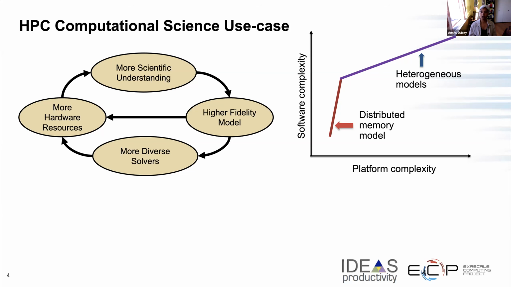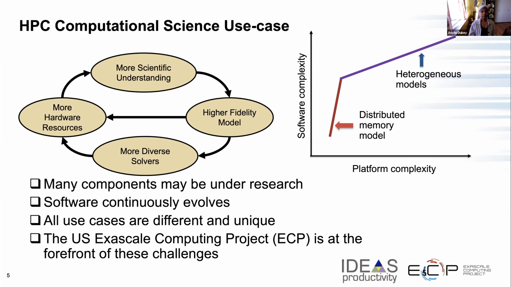If you got your code working well with respect to MPI, you could by and large keep increasing the software complexity without having to worry about the larger parallel programming model within your code. That changed with the advent of the heterogeneous model, and now we are in this regime where it is not just the software complexity that is increasing continuously, it is also the platform complexity that is increasing, and we are dealing with two orthogonal axes of complexity, both of which we have to deal with.